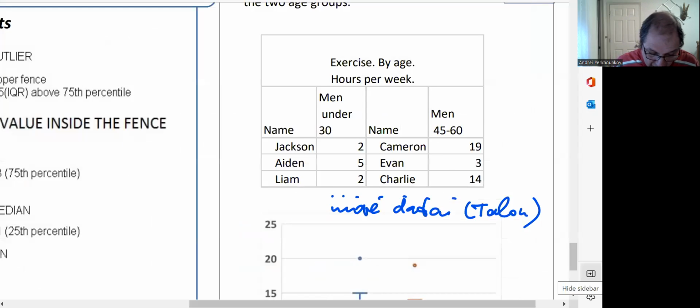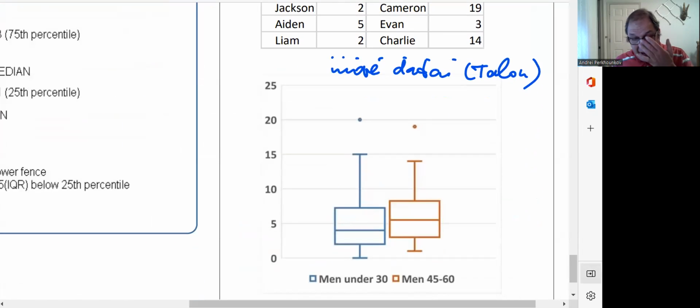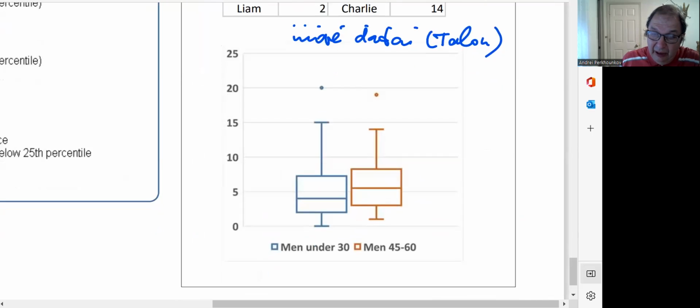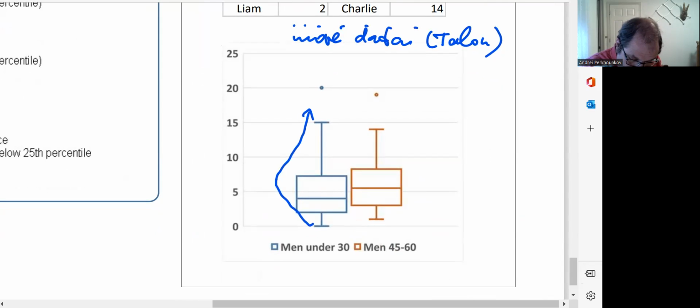Why do we need those box plots? Because we can actually compare various data sets. So let's compare men under 30 to men 45 to 60. And for one thing, we see on those box plots, by the way, you see how the distribution is skewed. So it kind of stretches this way. You see right away.